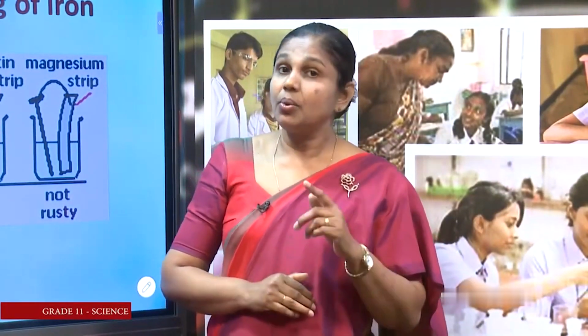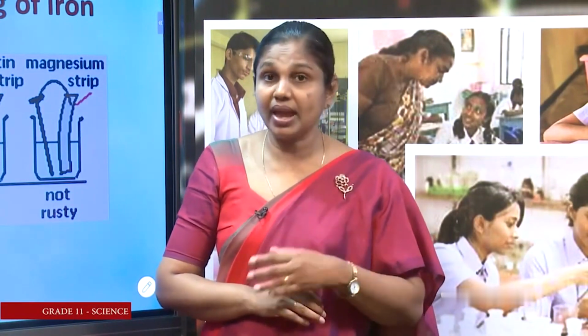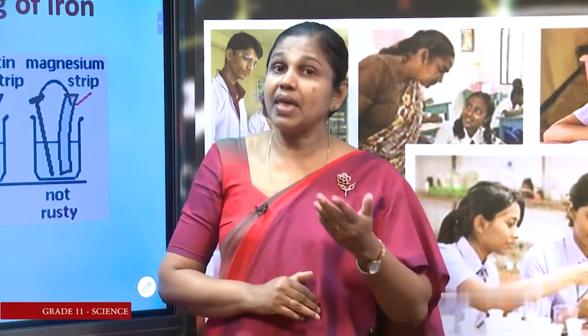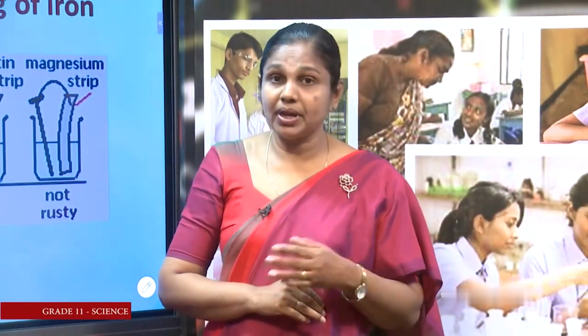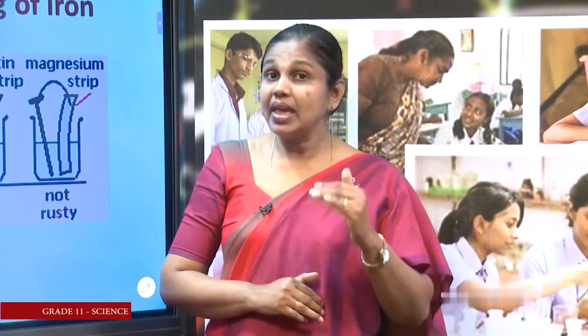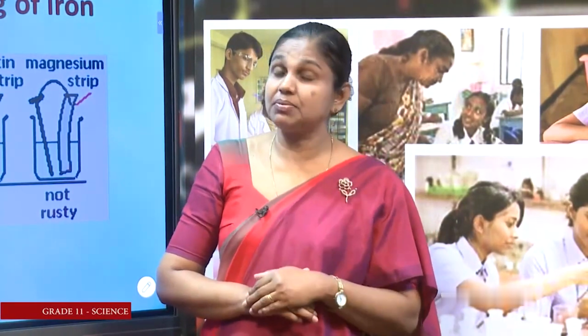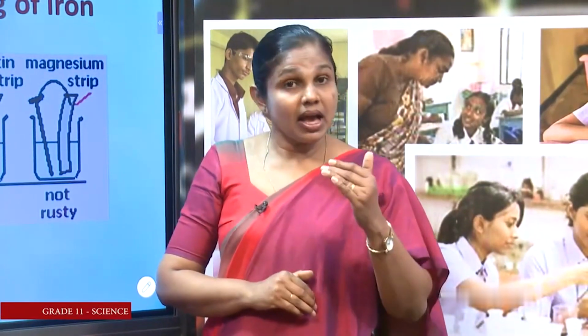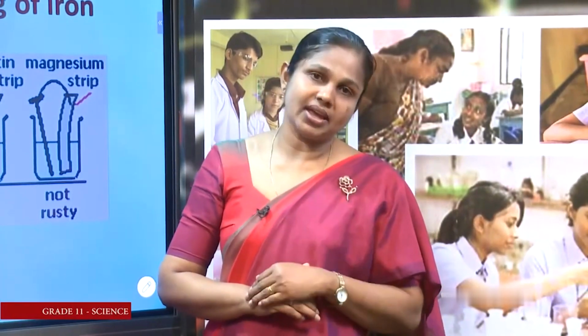Right, children? When the iron nail is in contact with a metal less reactive than iron in the activity series, like copper or lead, then the iron nail starts to oxidize first and the other metals do not oxidize.